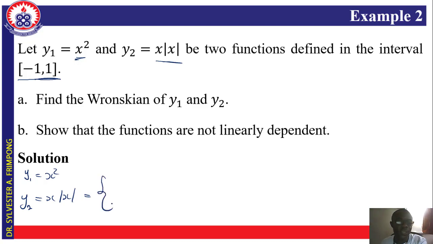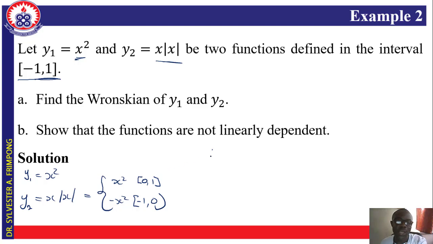So this function is defined by, we know the absolute value of x can be x or negative x. So if x is greater than 0, then the absolute value of x becomes simply x, and this becomes x squared. So we are saying that this is x squared for the interval from 0 to 1. And if x is less than 0, this should be negated. So that is going to give us negative x squared. That is from negative 1, with 0 not included.